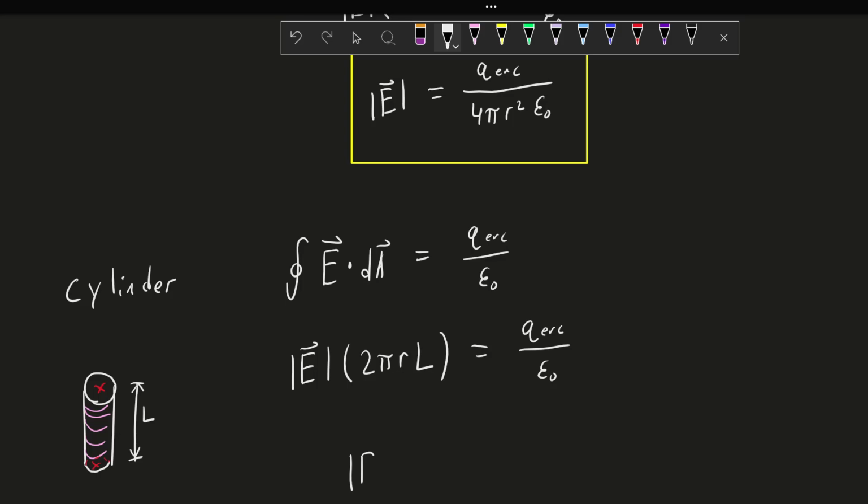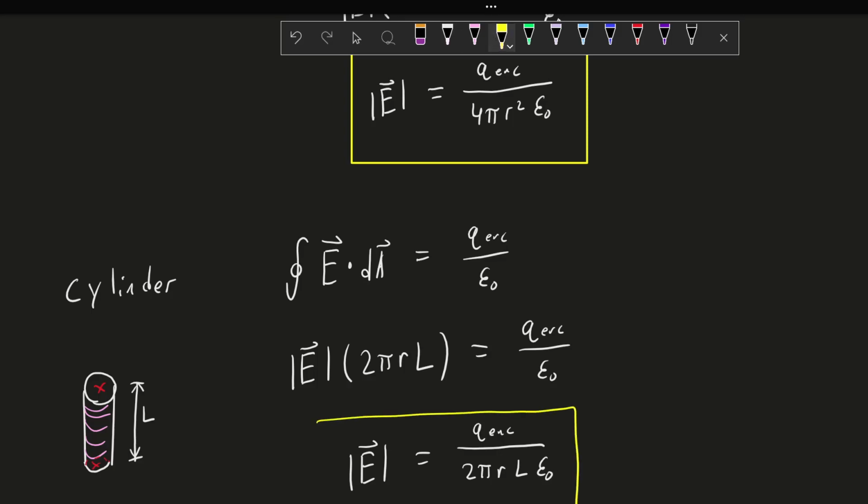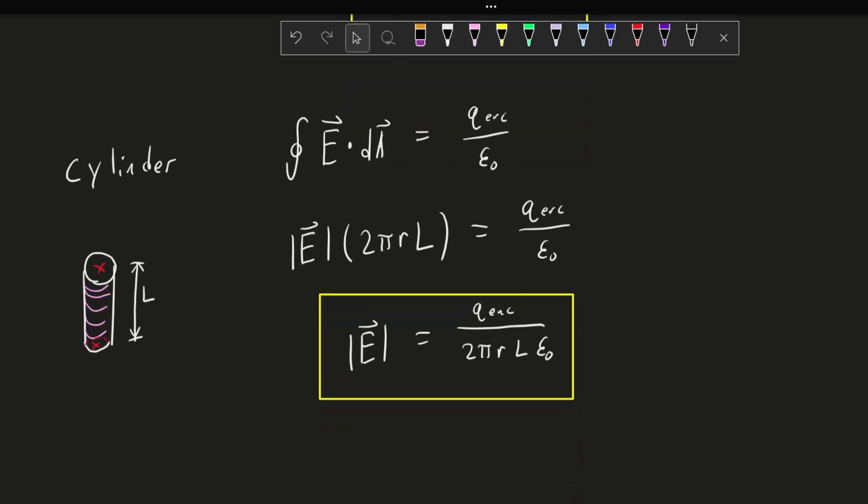So then we're just like, okay, electric field equals charge enclosed over 2 pi r L epsilon naught. And that is the formula you can always use for a cylinder.